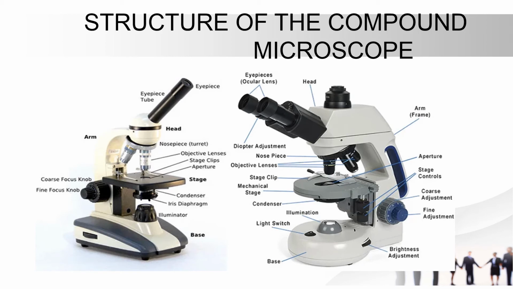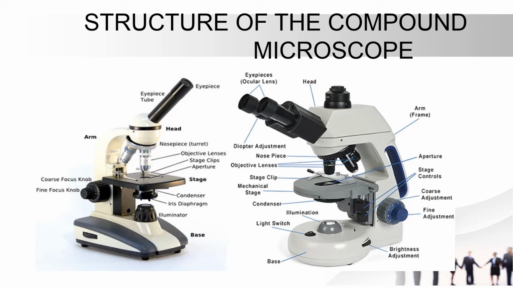Then we have the resolving nose piece, the objective lenses, the stage clip, the mechanical stage, the condenser, illumination, base, brightness adjustment, fine adjustment, coarse adjustment, stage control, aperture, and then the frame. So these are the various parts of the compound microscope.